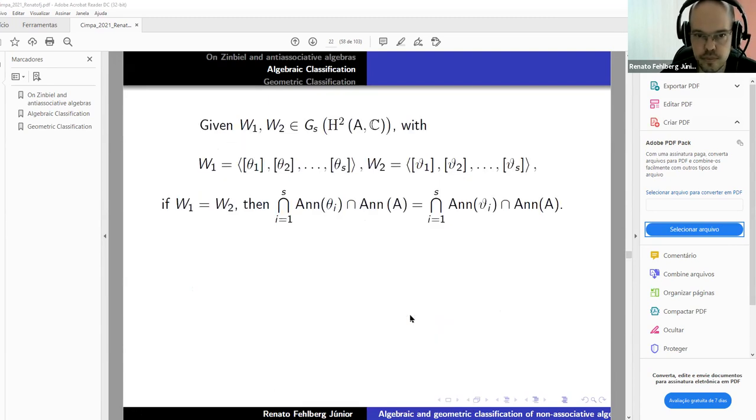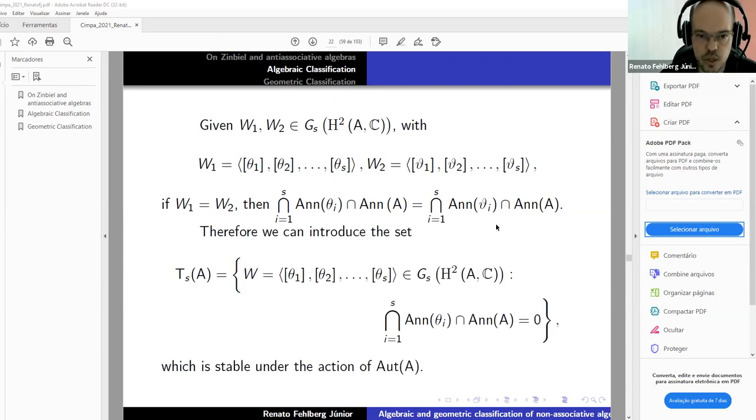If you have two elements in this Grassmannian, and you write these elements in this way, and these two elements are equal, then we have this equality of annihilators.